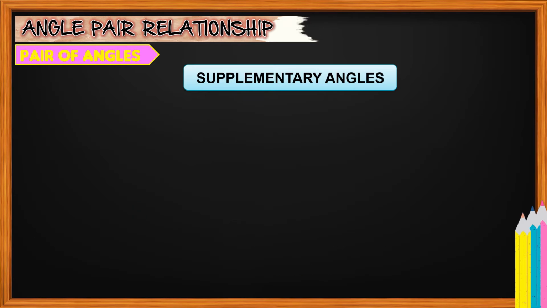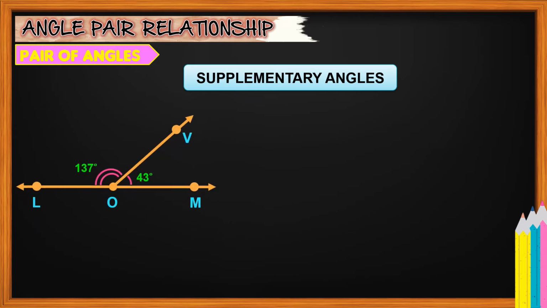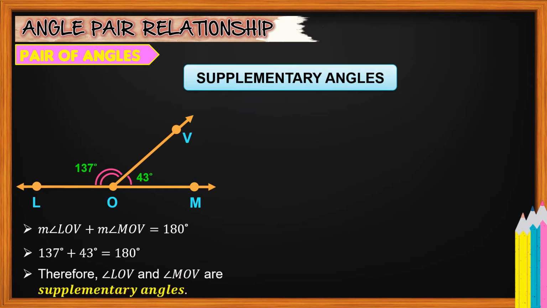Now let's have more examples. We have here the given measure of angle LOV plus the measure of angle MOV is equal to 180 degrees. If we substitute the given values, that is 137 degrees plus 43 degrees, that is equal to 180 degrees. Therefore, we can say that angle LOV and angle MOV are supplementary angles.